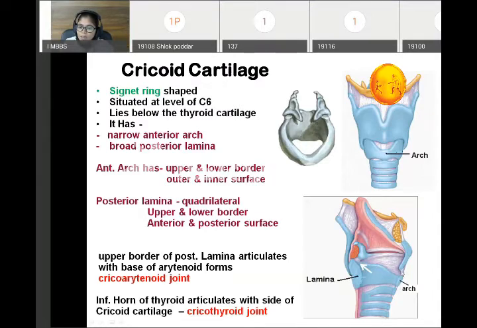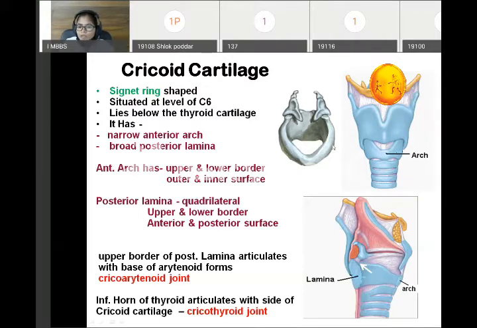Here you can see the cricovocal membrane, and one fibrous band is there, that is the conus elasticus. The cricovocal membrane is continuous with this conus elasticus. So the inner lip of the upper border of the anterior arch gives attachment to the cricovocal membrane, which is continuous laterally with this conus elasticus. This is the cricovocal membrane and this is the conus elasticus.